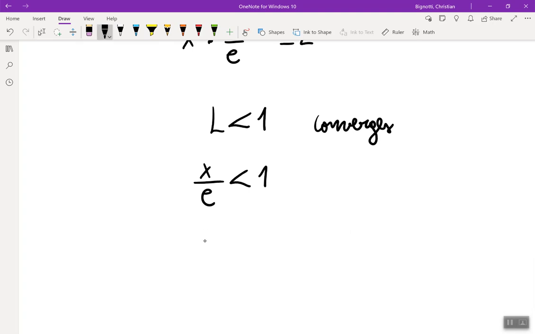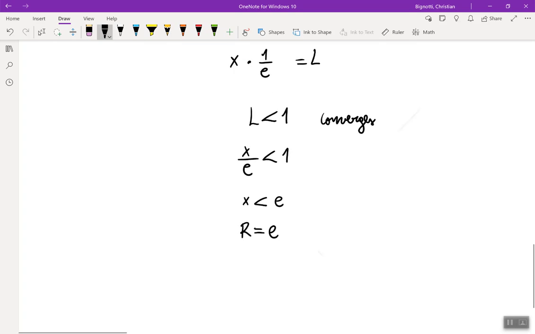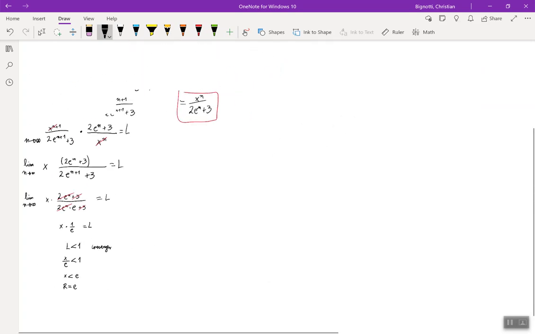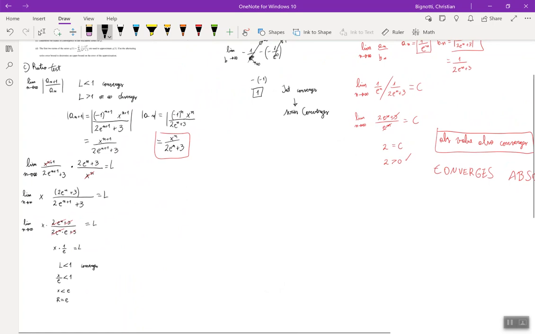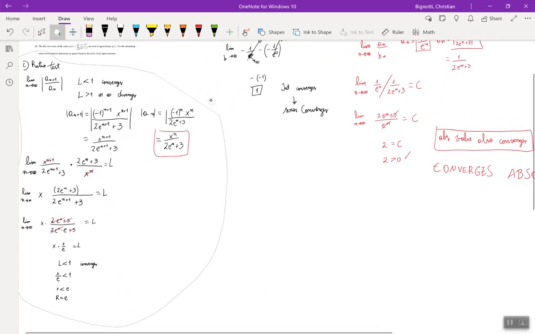Just by solving this, whenever x is smaller than e, which means our radius of convergence is e. We don't have to check endpoints. We just know that our radius is e. That is all they were asking for in C, the radius of convergence.